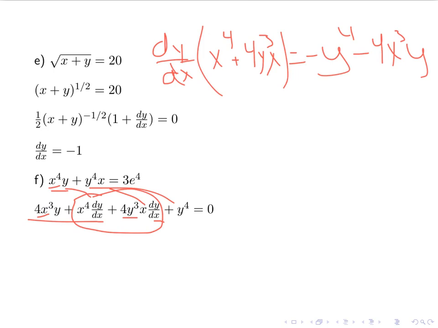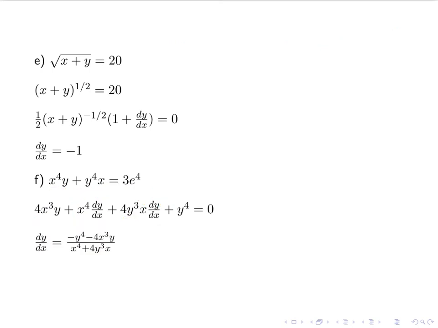Okay. And then my last step is to divide by what's in the parentheses. So I have negative y to the 4th minus 4x cubed y divided by x to the 4th plus 4y cubed x. So sometimes they can get kind of messy.